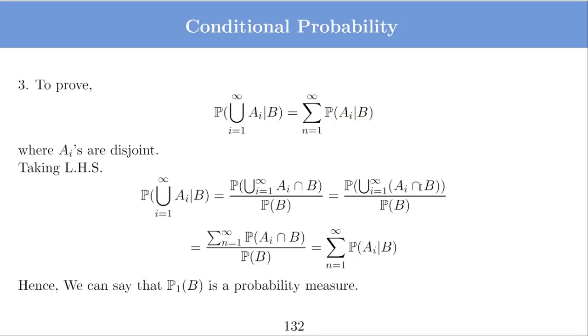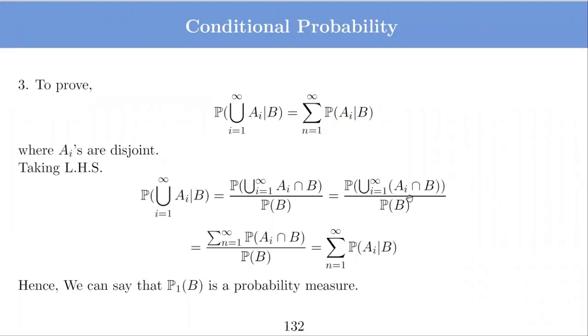Okay, so if you take two sets A1 and A2 and want to compute the intersection of B with A1 union A2, this will be equivalent to taking the individual intersections with A1 and A2 and then taking the union. This can be very easily proven using a Venn diagram. So from this, now this is just probability.